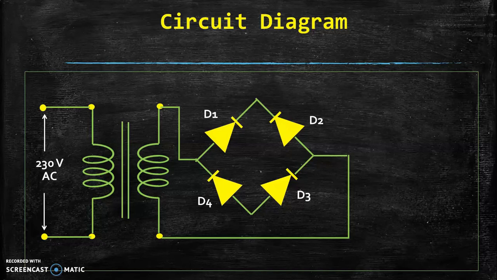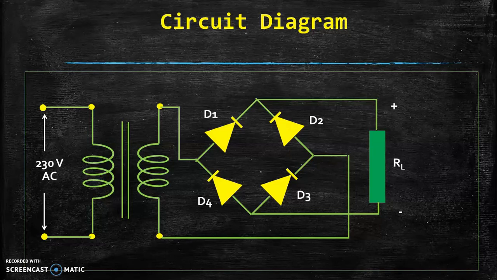Both the points, common cathode and common anode, are connected across the load for the DC supply. Common cathode is a positive terminal and common anode is a negative terminal. We have load resistance and we have positive and negative terminal. Positive terminal is connected to the common cathode and the negative terminal is connected to the common anode.